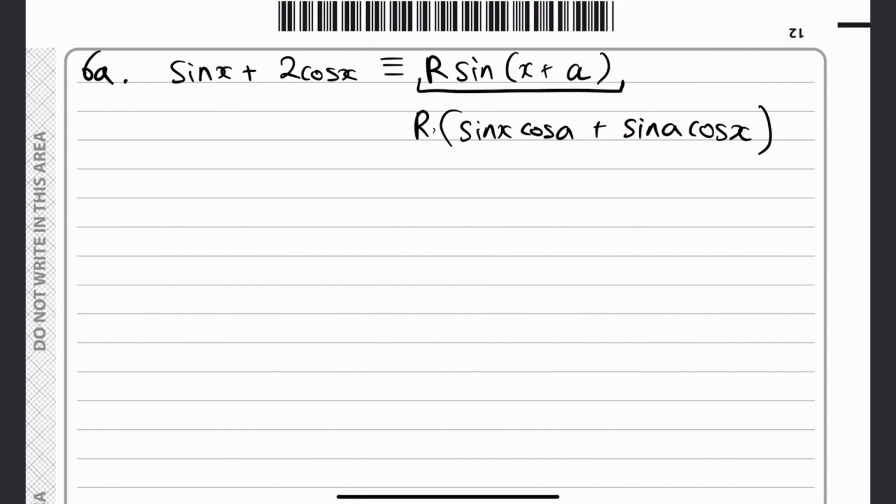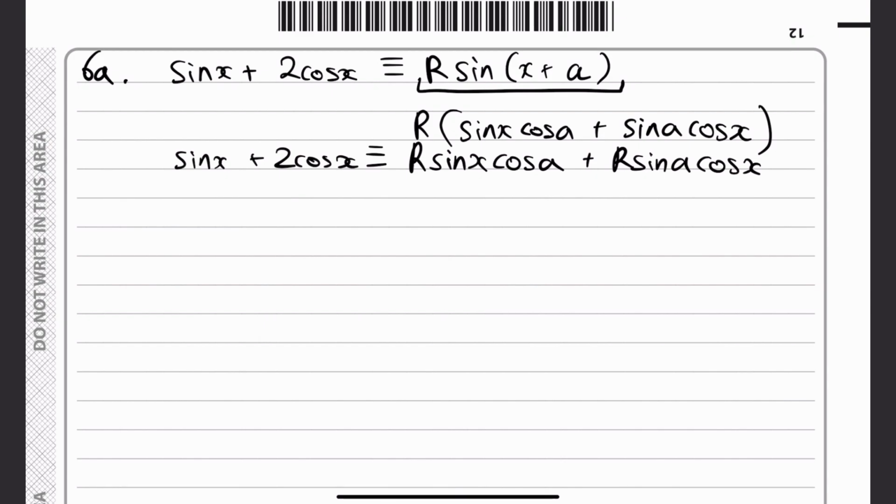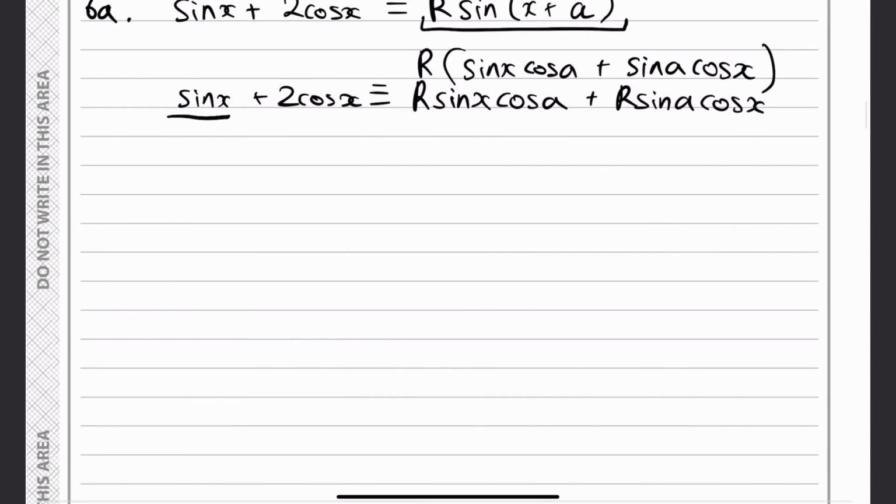Okay, let's expand this out further. R sine of x cos of alpha plus r sine of alpha cos of x, and that's identical to this. So I think what you can see here is the coefficient of sine of x is just 1, right?